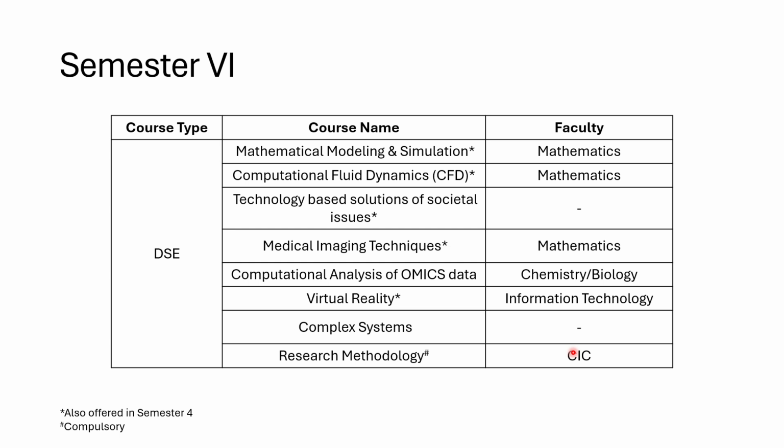So in semester 6, research methodology paper is compulsory for everyone. You have to take this paper. Along with it, you will take another DSE and you will take one GE. So you will read one extra paper in semester 6, as compared to the normal course structure. Keep that in mind if you're coming here.